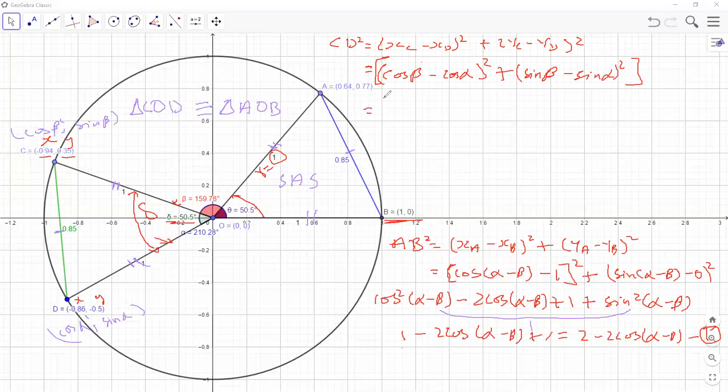Now, if I do this quickly, I'm FOILing, and I hope you can follow. I square, and then I'm going to have minus 2 cos alpha cos beta, plus sine squared beta minus 2 sine alpha sine beta, plus, of course, sine squared alpha.